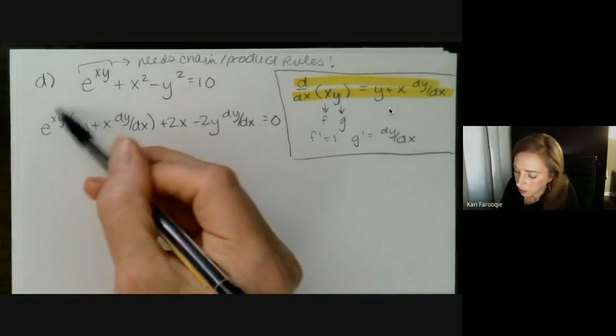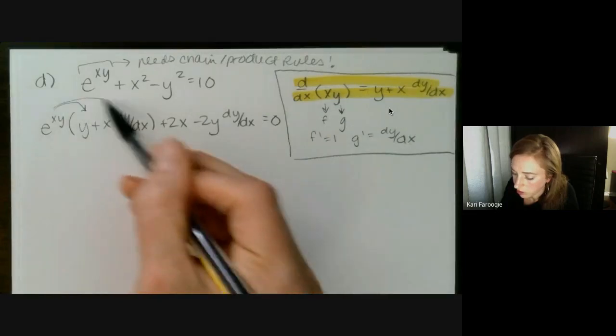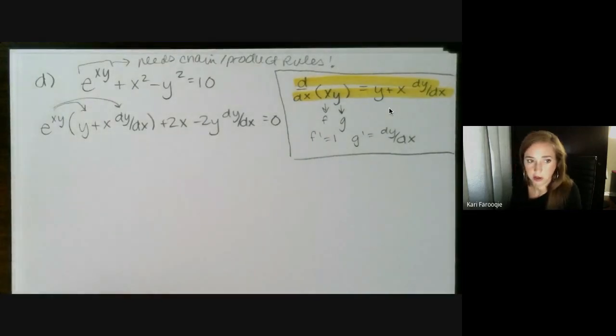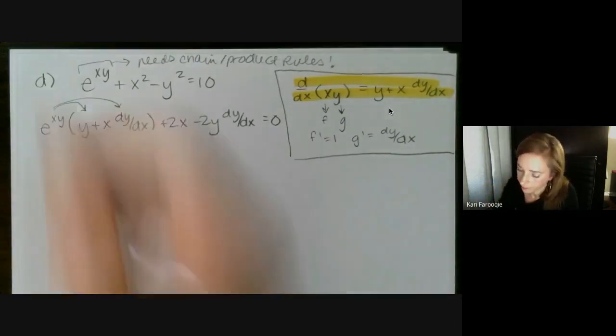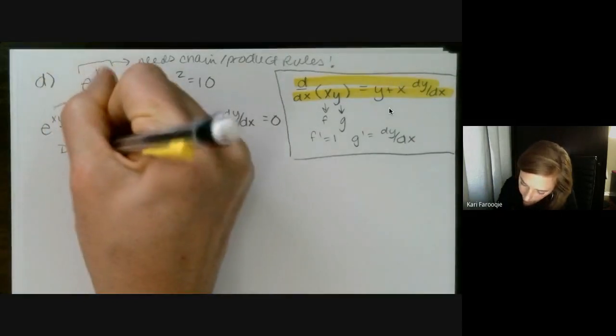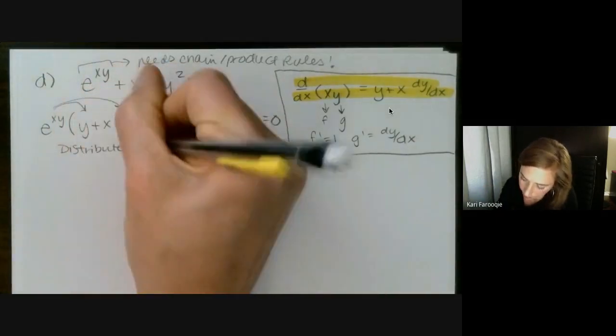Okay, so we are going to distribute, and remember we have to do this because we need to have dy dx in its own term. Otherwise we can't solve for it.